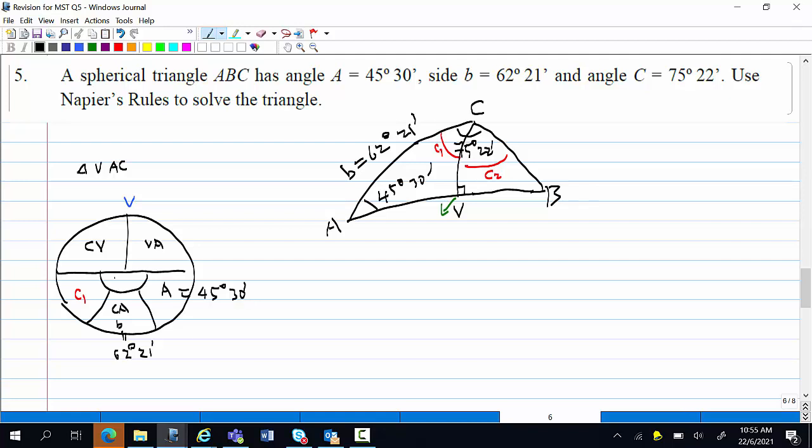And don't forget the comma here. So this is Napier's view on the left hand side.